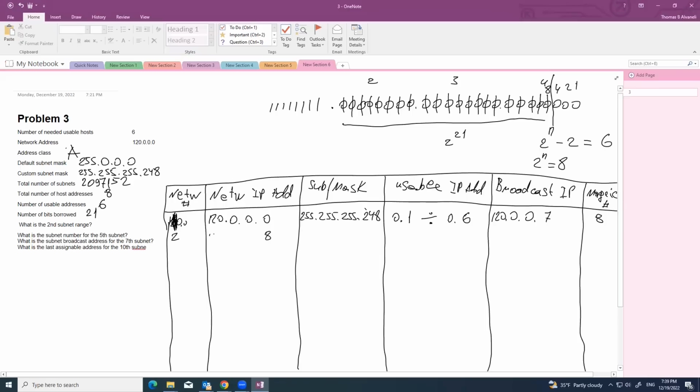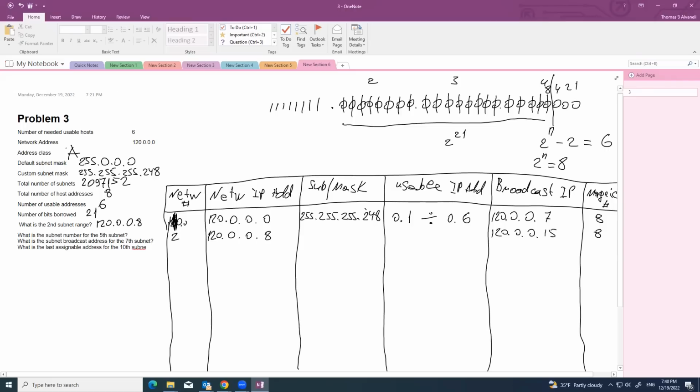So the second subnet will be 120.0.0.8. Okay, so we are typing here 120.0.0.8, and the broadcast address will be, if the magic number is 8, starting counting from 8, the last address would be 120.0.0.15.